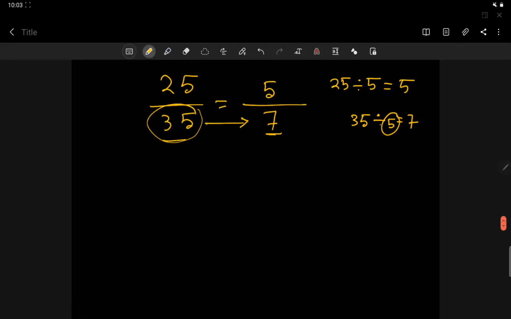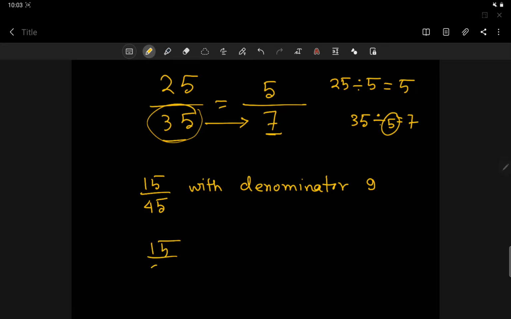If I choose another example, suppose 15 by 45, with denominator 9. Please write down 15 by 45, and in the denominator please write down 9.